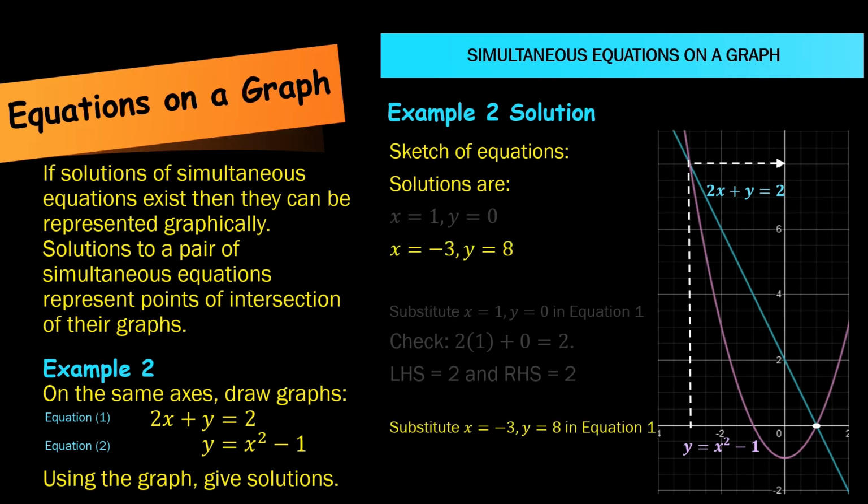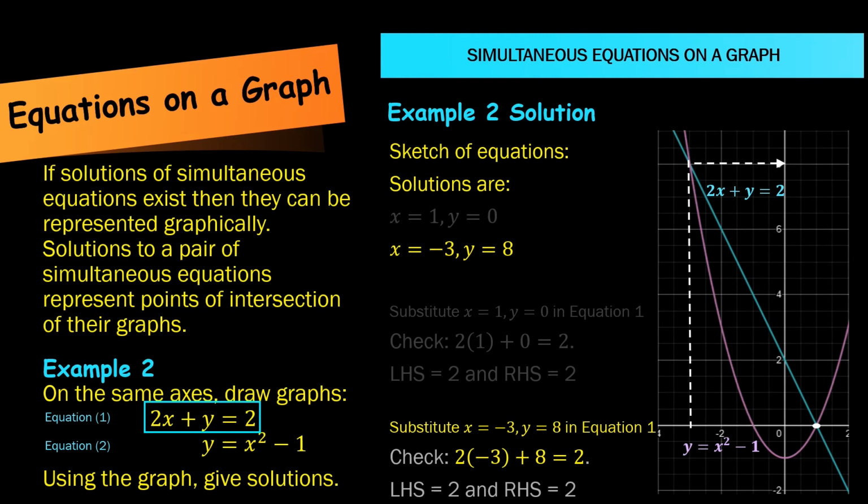Now let's substitute x equals minus 3 and y equals 8 in equation 1. Two times minus 3 for x equals minus 3 plus y equals 8 is 2. So the left-hand side equals 2, and of course the right-hand side is 2 anyway.